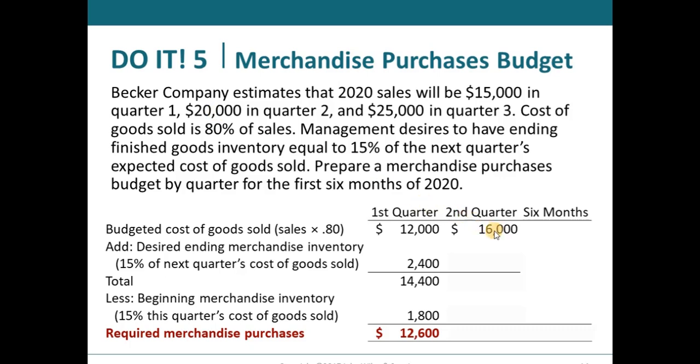Now the desired ending inventory is 15% of next quarter's cost of goods sold.